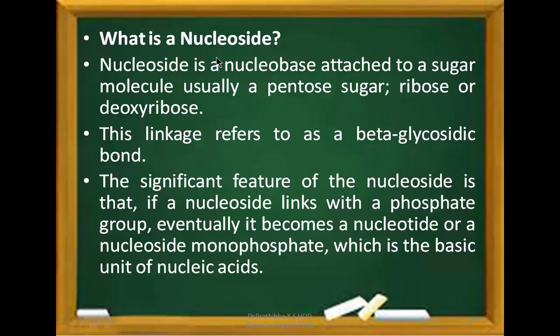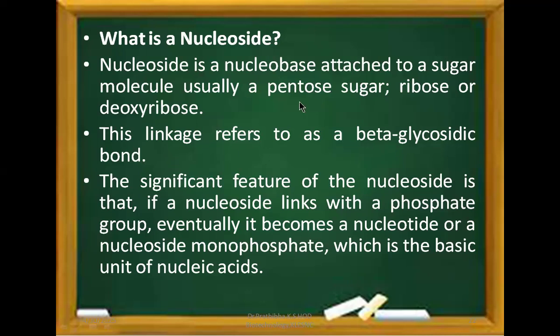Let us understand in more detail what a nucleoside is. A nucleoside is a nucleobase attached to a sugar molecule, usually a pentose sugar, a ribose or a deoxyribose. That is a nucleoside, where you can see only the sugar and the nitrogenous molecule. This linkage is referred to as a beta glycosidic bond.